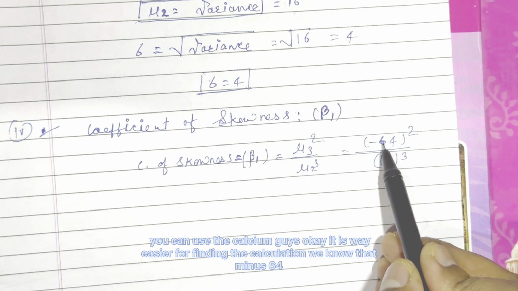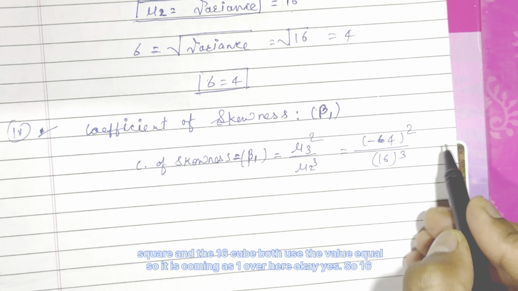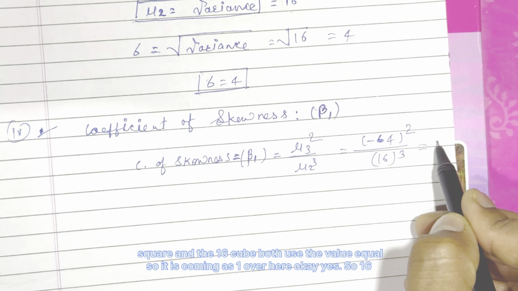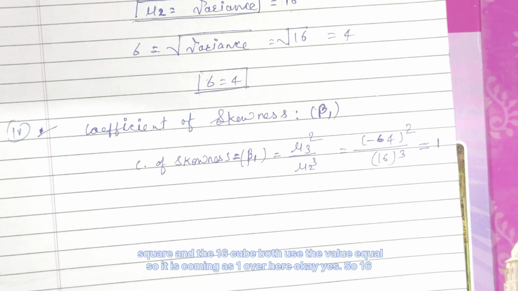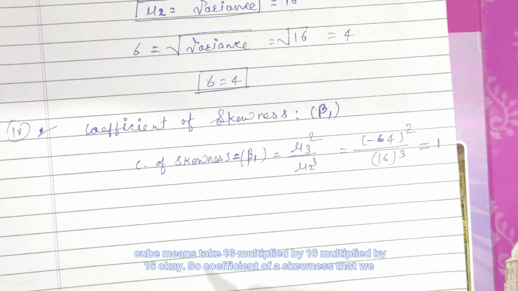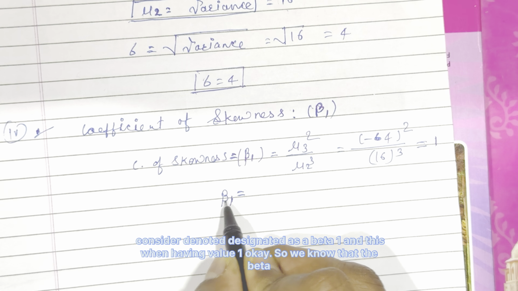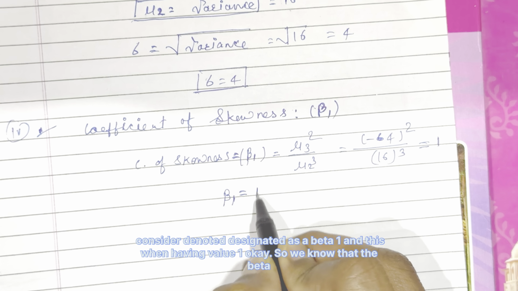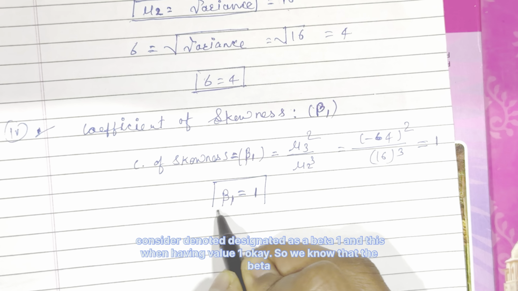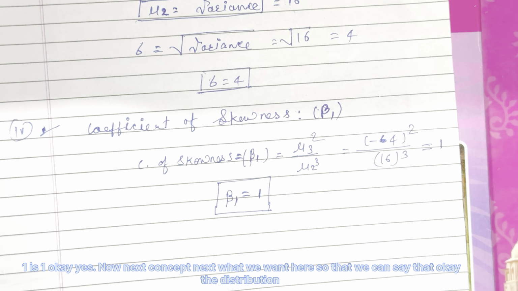Minus 64 square and 16 cube both give the same value, so it comes out as 1. 16 cube means 16 multiplied by 16 multiplied by 16. So the coefficient of skewness, designated as beta 1, has the value 1. So beta 1 is 1.